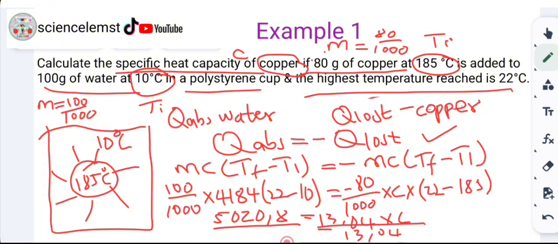Divide this side also by 13,04. Cancel, cancel. Then what? C is equals to 385,03 joules per kilogram Kelvin. I hope it makes sense.